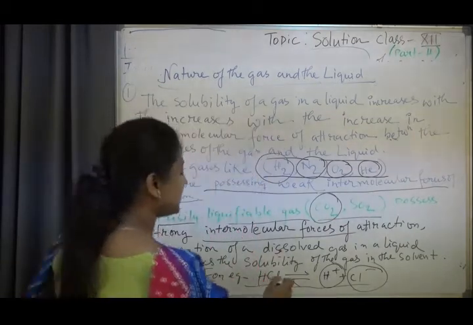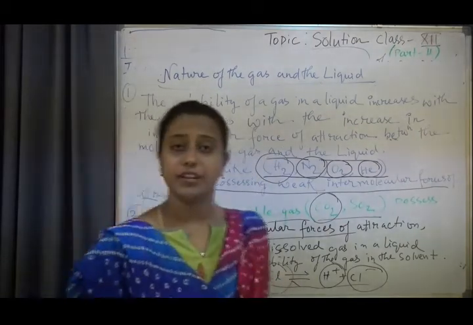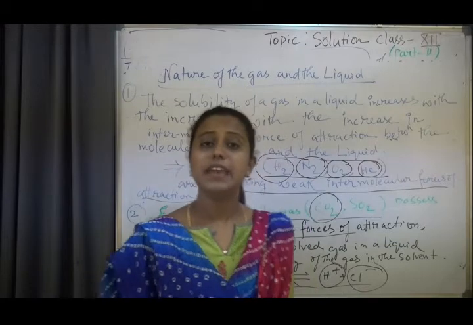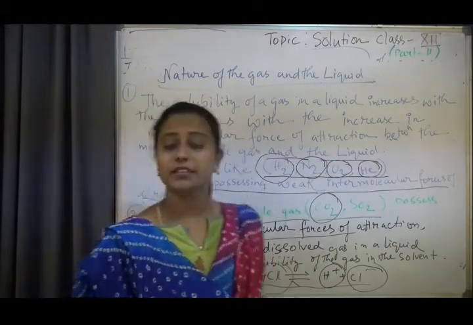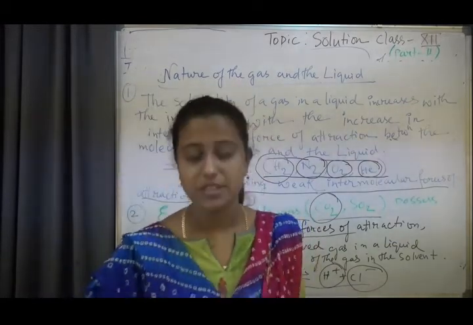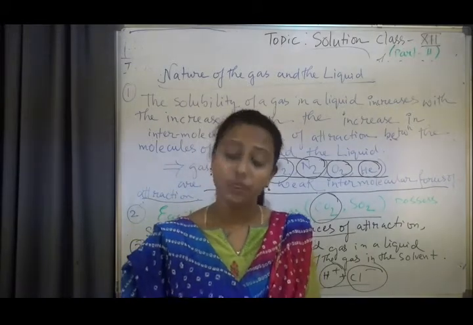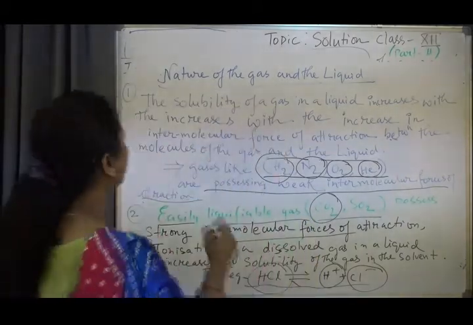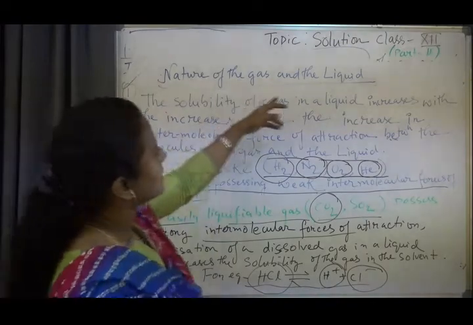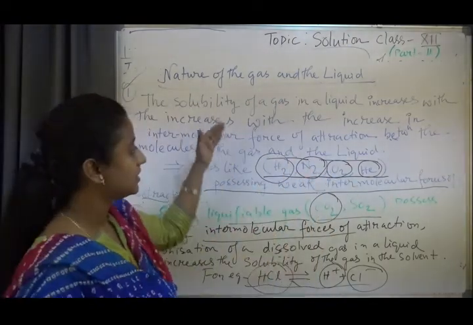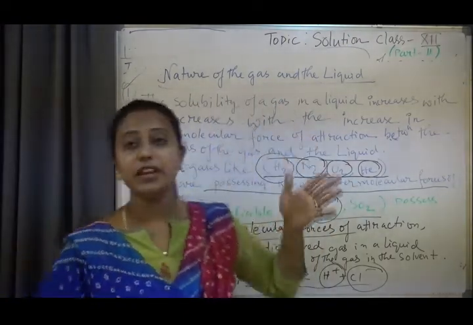So HCl, when dissolved in any solvent, suppose in water, easily reacts with water. It easily dissolves in water and is easily liquefiable. So these are the points in which the nature of the gas and the liquid affect the gas dissolving in a liquid.